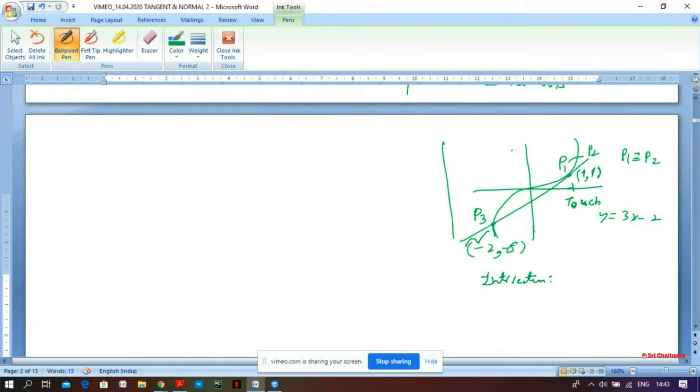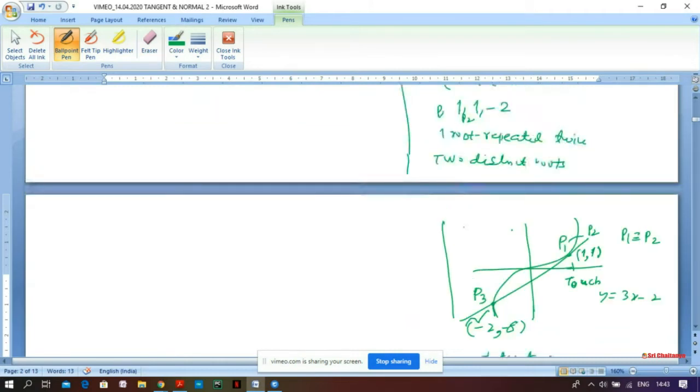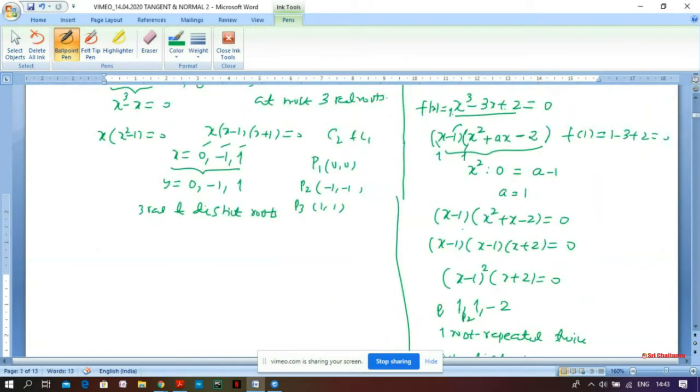The curve touches it. So it means we got this kind of conclusion: suppose you have a curve like y equal to some degree f of x, or it may be g of x, y. So maybe y equal to x square minus x cube, or y square minus 2xy plus x cube, anything can be there, or simply y equal to f of x.